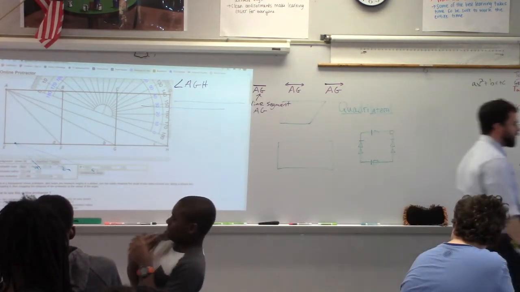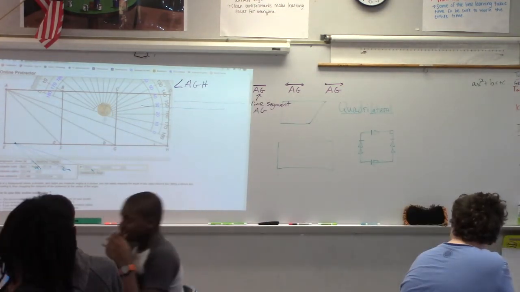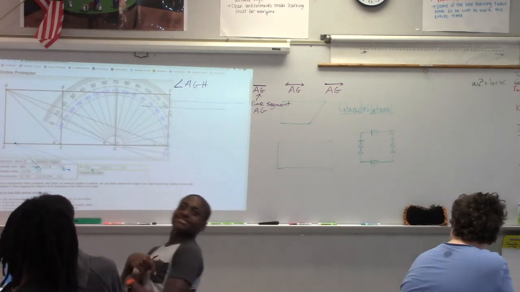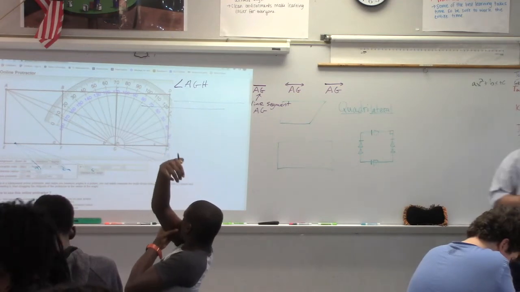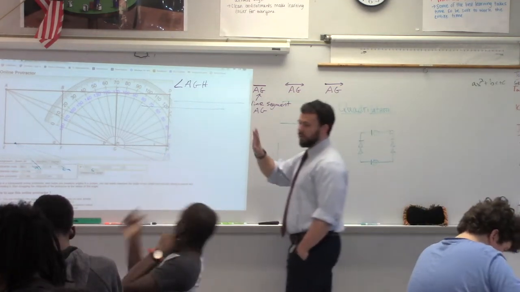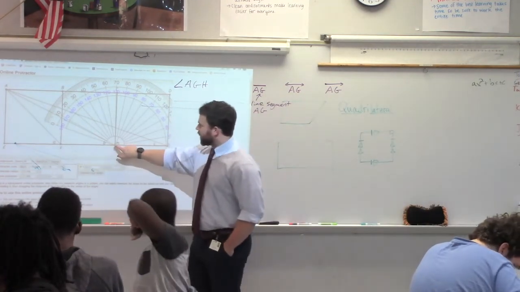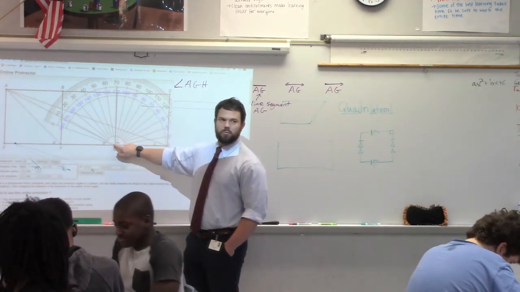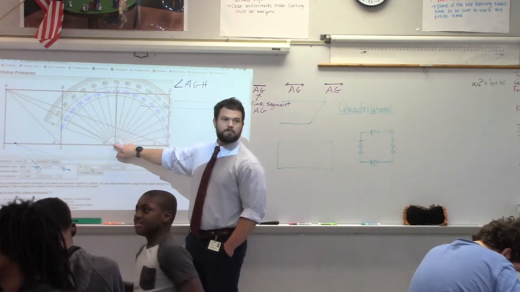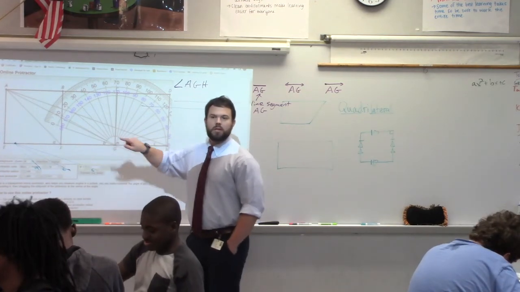First things first, the little T or hole needs to go on the vertex of whatever angle you're trying to measure. That's how you need to start. Make sure, notice, don't angle it like this. In general, that little hole or T needs to go on your vertex. Any questions about that? Feel like we can do that part?